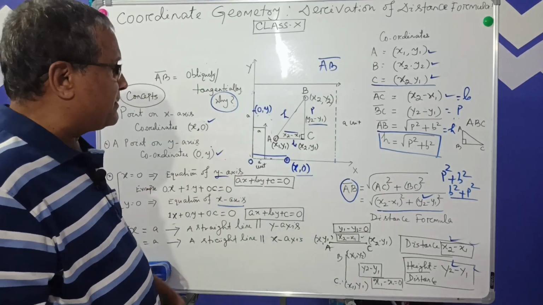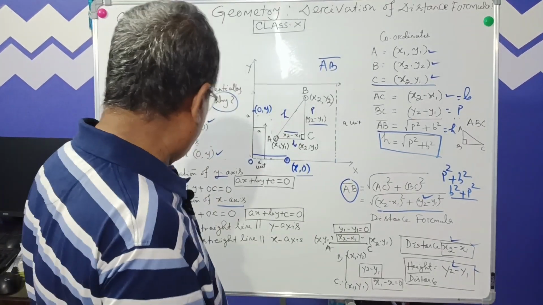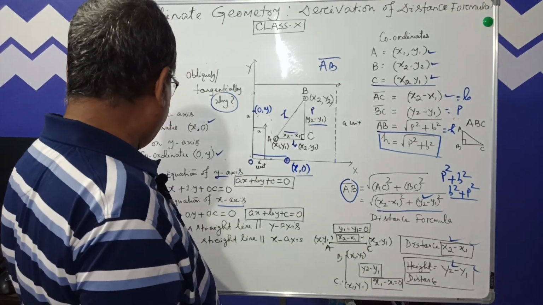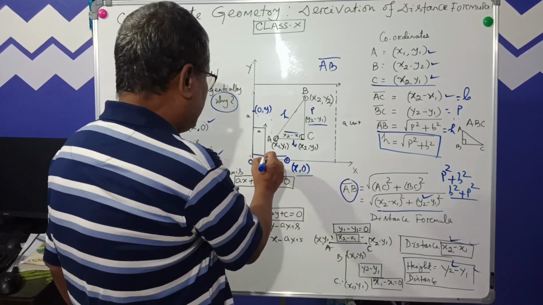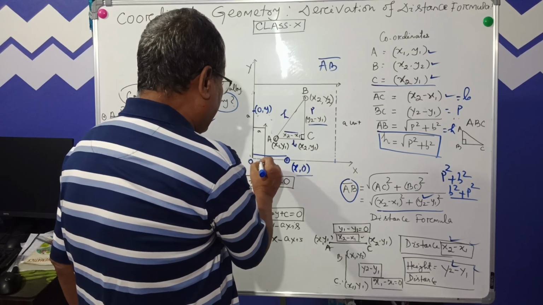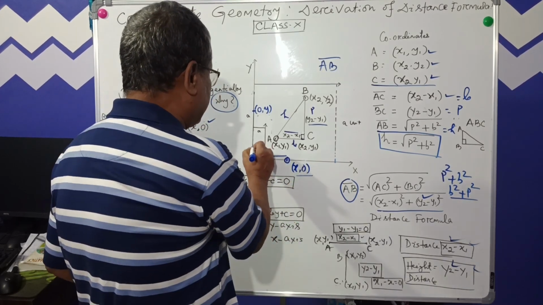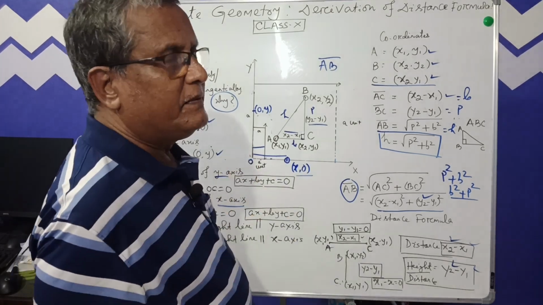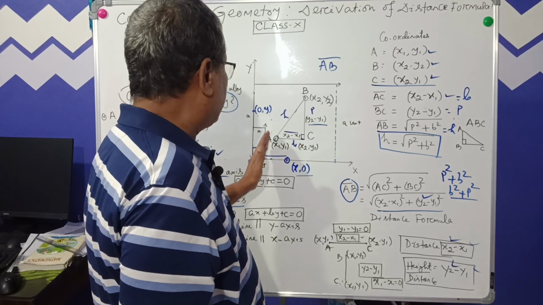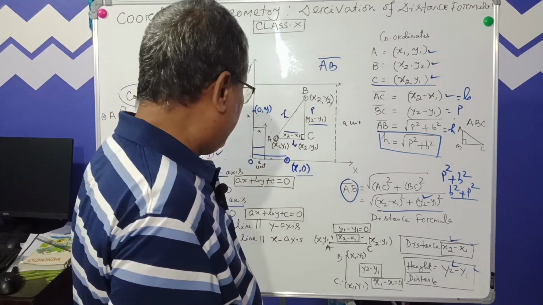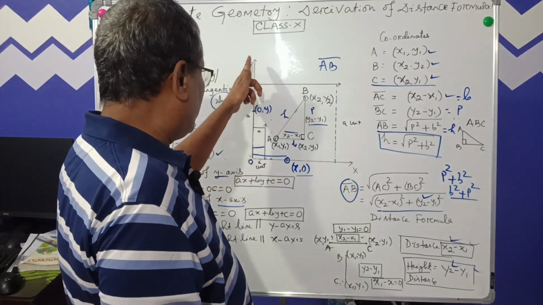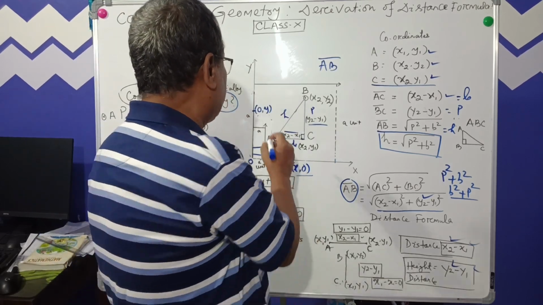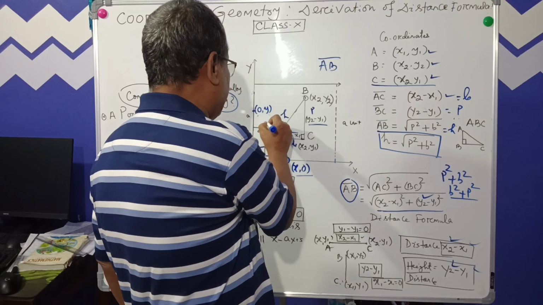And another concept you please remember: if x is a units, suppose this is a point, and I mention this distance as a units, then that will be a straight line parallel to the y-axis. You see, that is extended.